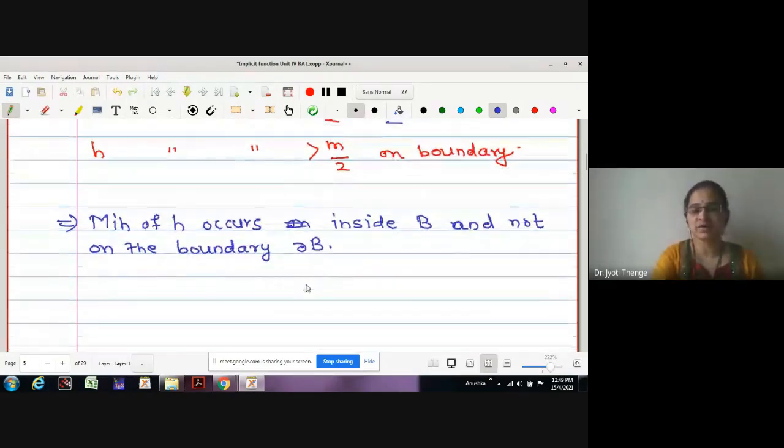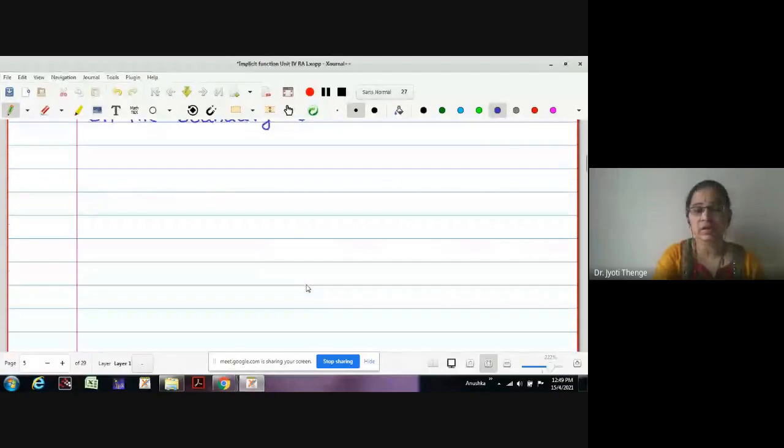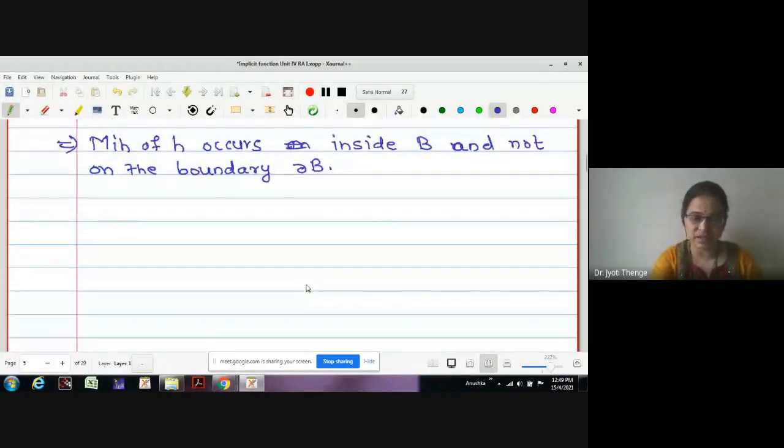Now, as we have defined a function here whose minima is obtained inside B, we were going to use the extrema function relation. Now, what we were going to claim then: there is an interior point, say C, in B at which the function h has its minima. Let me write.